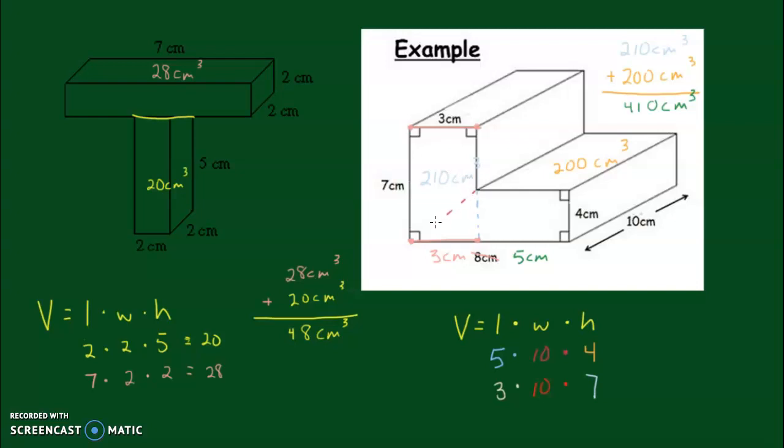Never separate them with a diagonal line like this. That does not work. That will not get you to what you need to be at. You need to go vertically, so straight up and down, or horizontal, straight across. Never at an angle for the problems that we're doing.